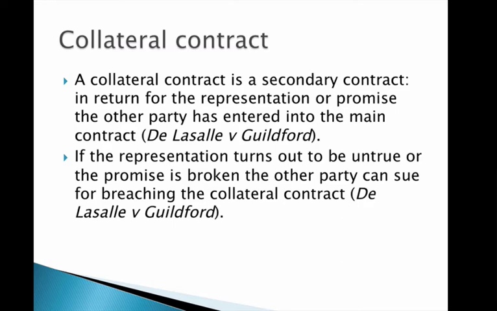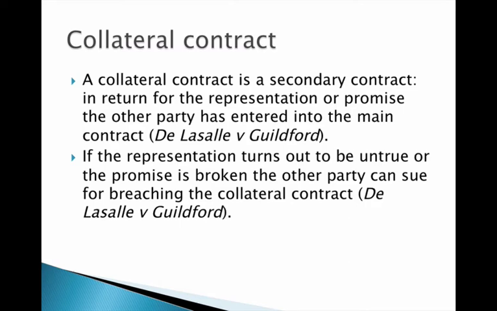The representation or promise of one party is construed as consideration, and the other consideration is that the other party who's subject to that representation enters into the contract. So when that representation turns out to be untrue or the promise is broken, the other party can sue for breaching the collateral contract. This is probably a bit easier to explain with a case.